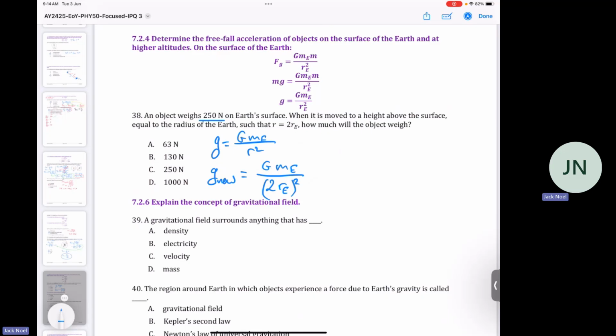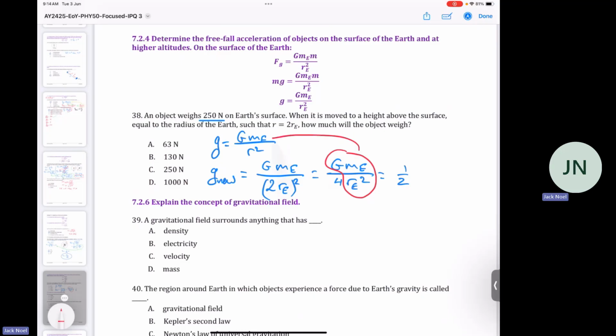Okay, so 2 squared is 4, so this means that it becomes GME over 4RE squared. Now it equals 1/4 of, what's this?